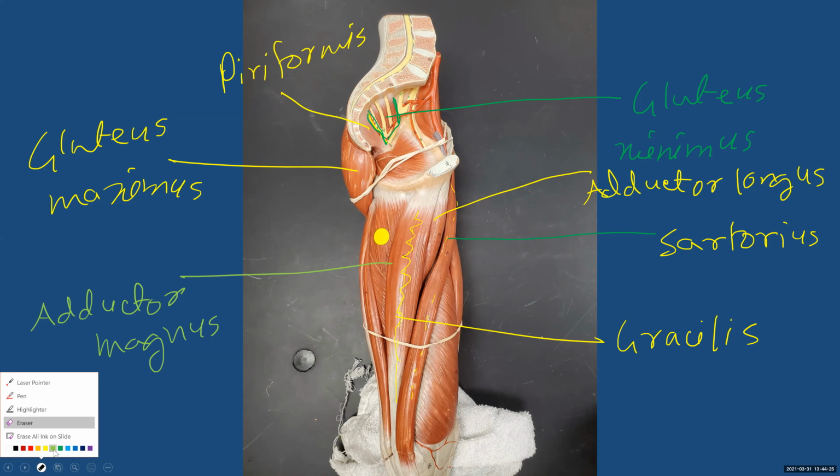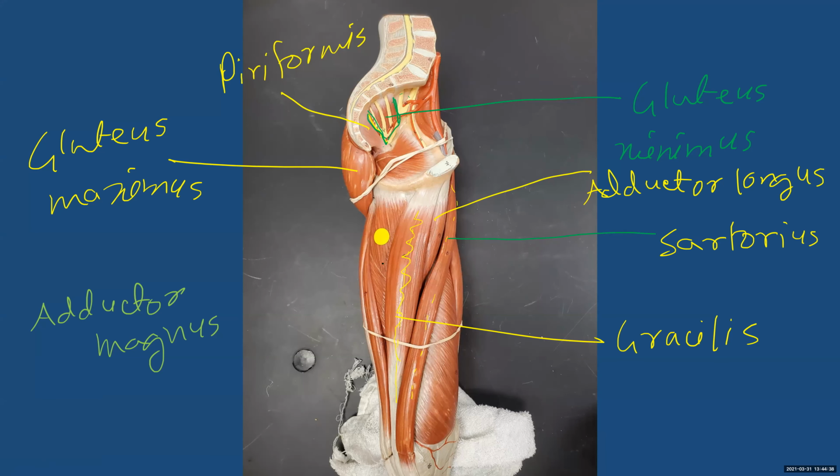Notice that, the adductor magnus. This together, these two, basically all of that is adductor magnus. Okay, so those are the medial compartment muscles.